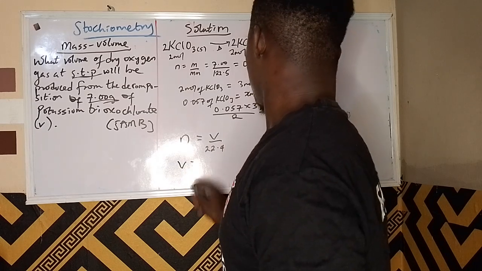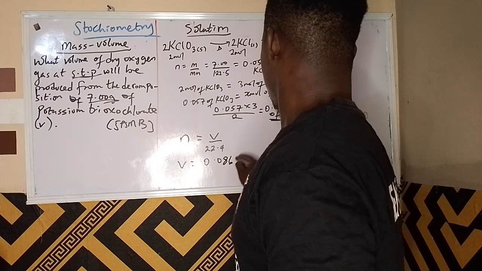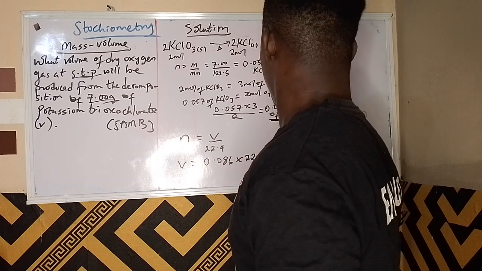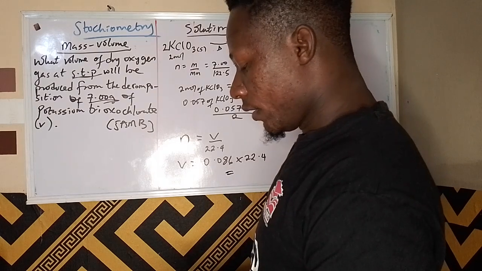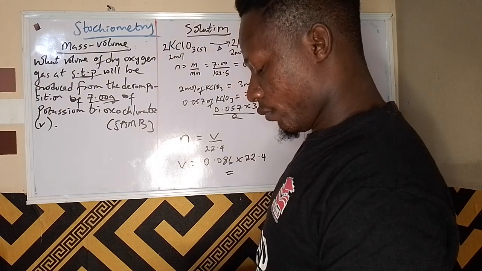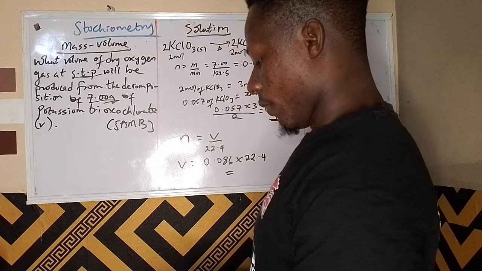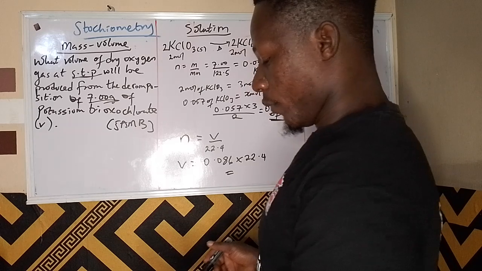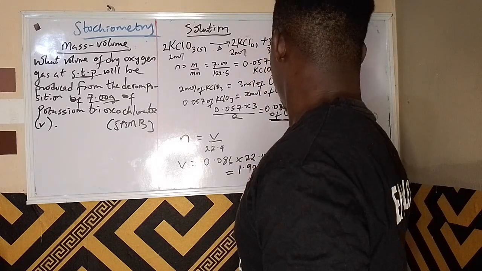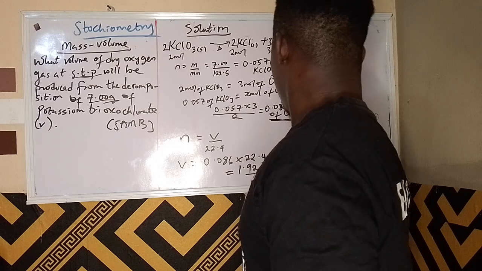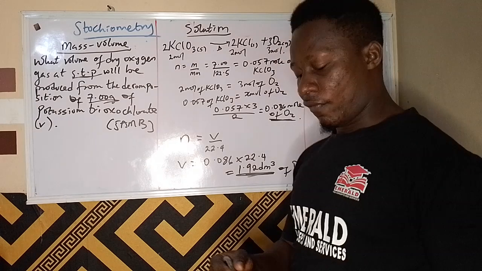Then the volume will be equal to the number of moles, 0.086, times 22.4, and it will give us 1.92 dm³. This is the volume of oxygen.